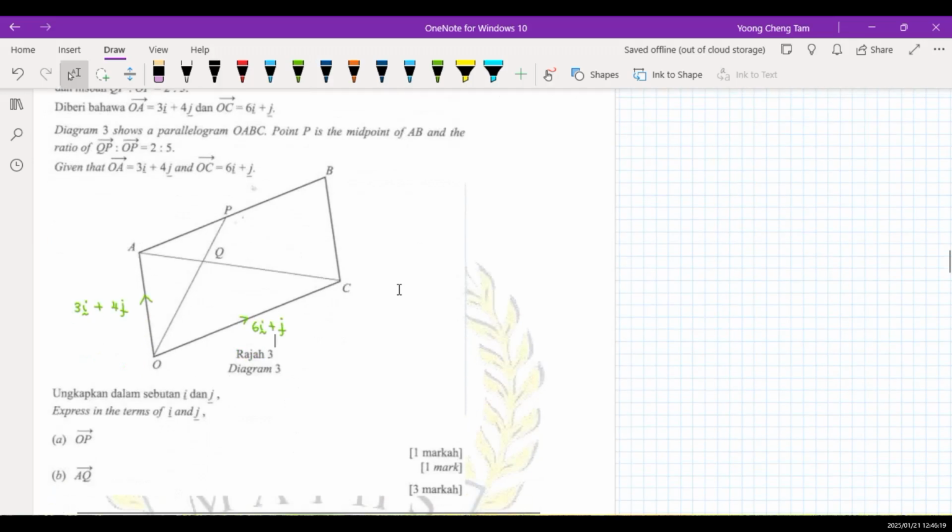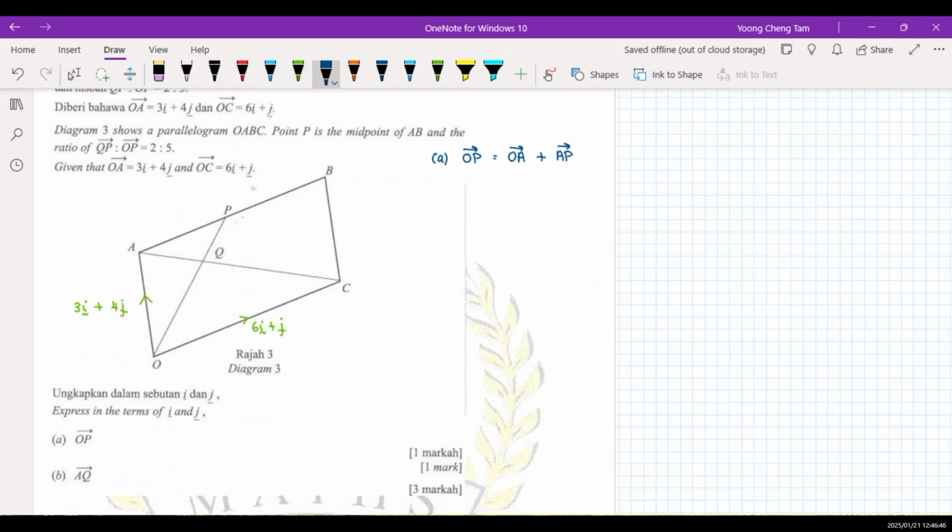Now let's continue. Express in terms of i and j. Question A, vector OP. How to go from point O to point P? The answer will be OA plus AP.